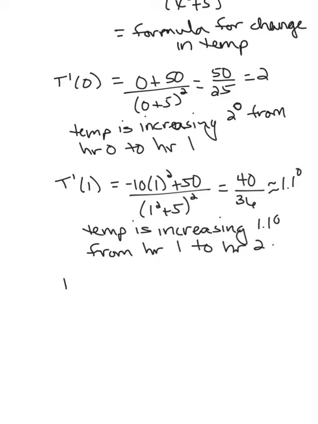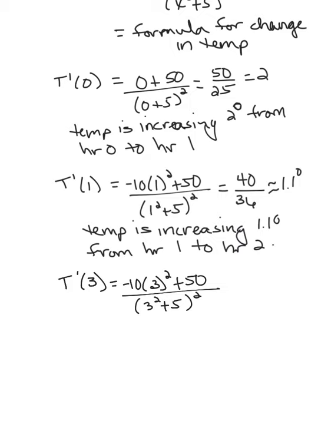Then finally, we are asked to do T prime at 3. If we do that, we will have negative 10 times 3 squared plus 50 over 3 squared plus 5, being squared. So 3 squared is 9, times negative 10 gives us negative 90, plus 50 gives us negative 40, over 9 plus 5 is 14, squared is 196.